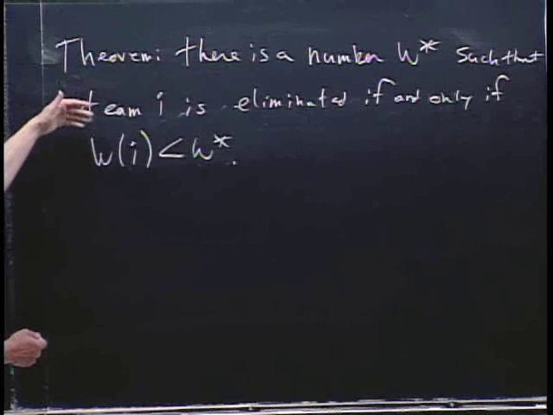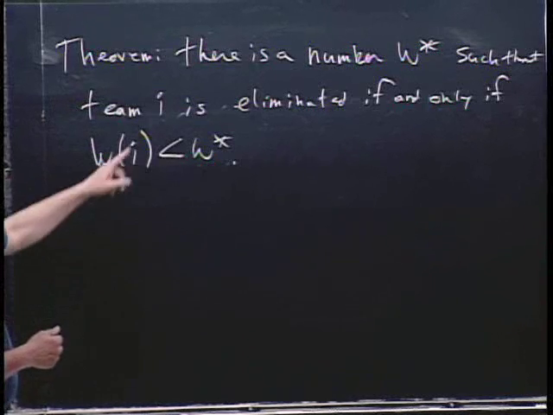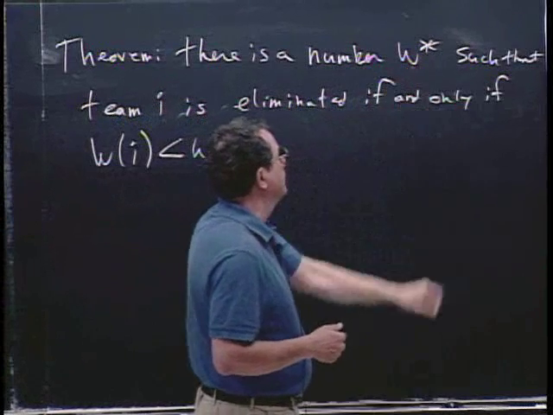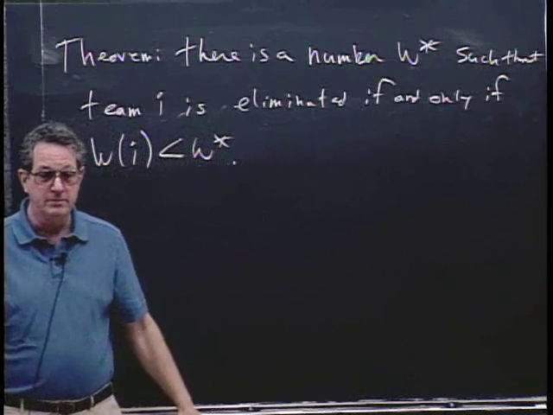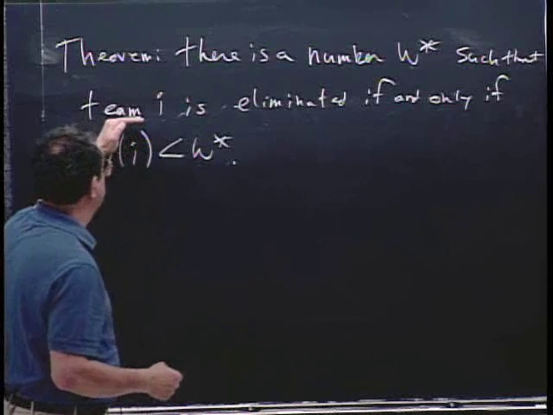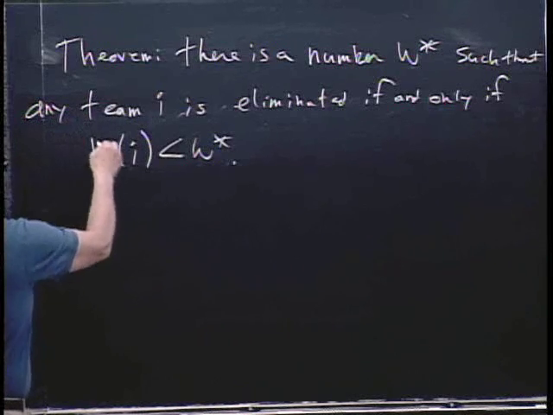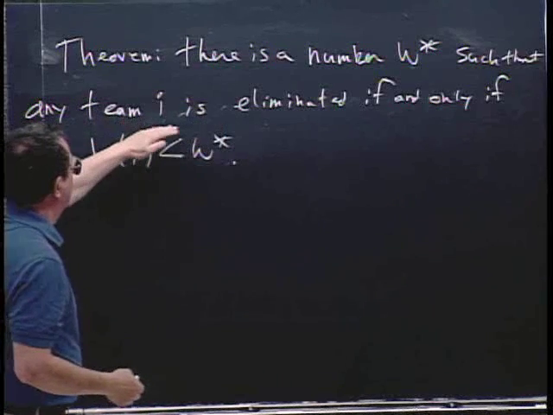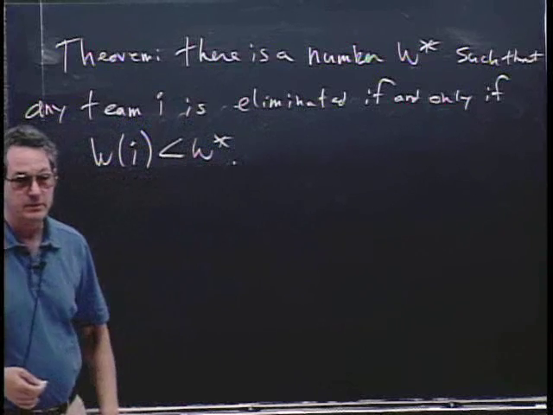The questions of elimination for all of the teams are tied together. They're not separate and independent, because this number W star is independent of any particular team you're talking about. There's just one universal number that's based on the whole set of teams, W star, and it has the property that any team i, so this W star is not dependent on i, but now when we look at any team i, that's eliminated if and only if this number W_i is less than W star.